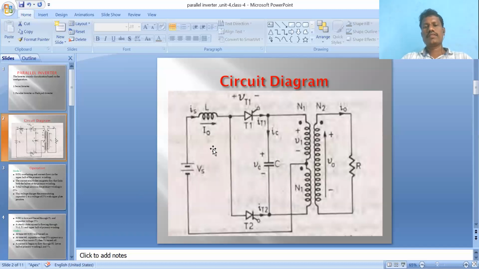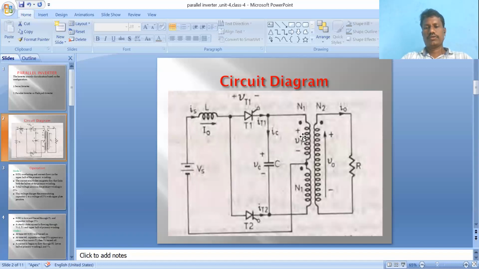In this parallel inverter, the inductor is connected in series with the DC source. IS, I0, VT1. IC indicates the capacitor current, VC the voltage across the capacitor. The polarity is positive, negative.